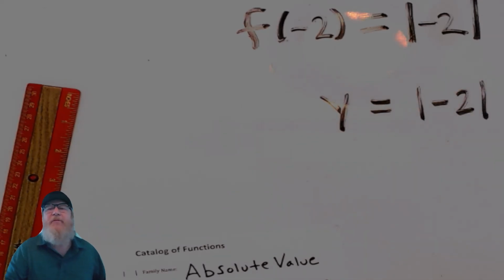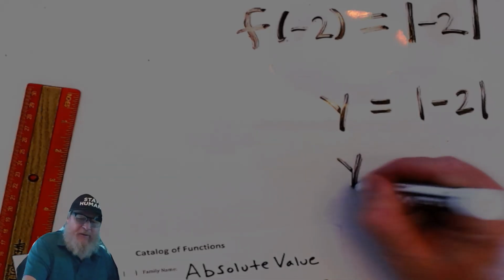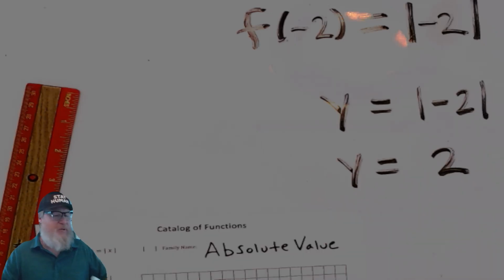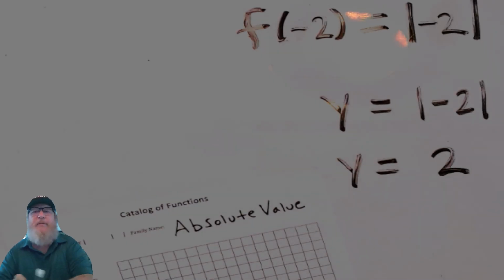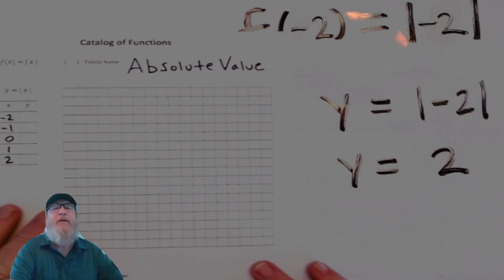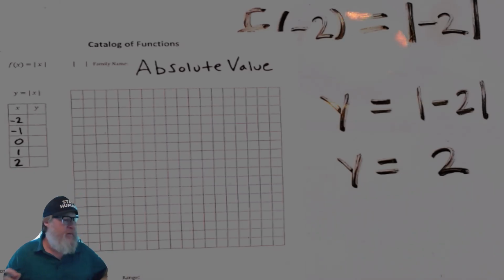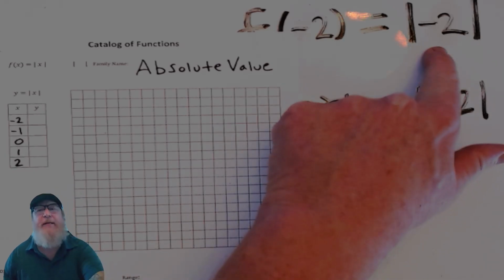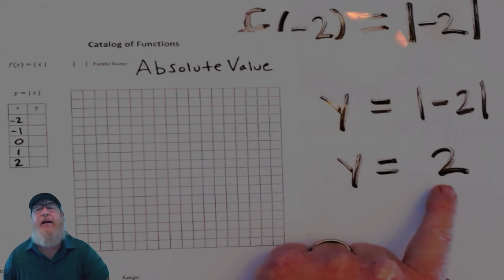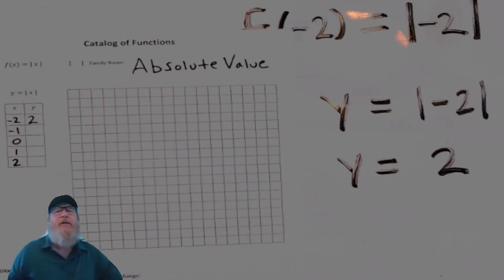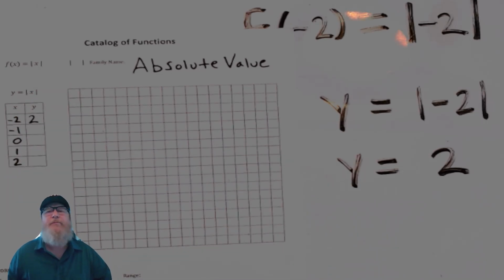So the absolute value of -2 is 2. So over here on my input-output table, I've plugged in -2 as an input, and I got my output of 2, and so I'll complete my table, -2, 2.